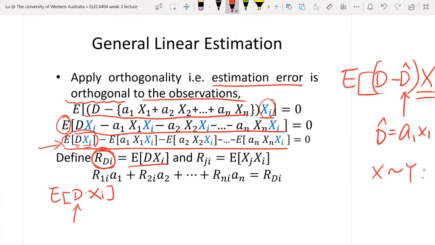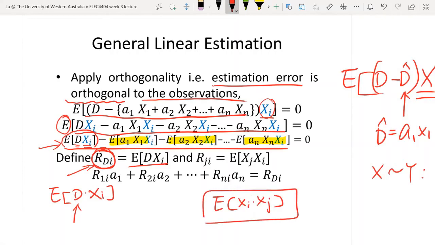So the expectation of the product of them is actually the correlation between them. And for the remaining terms, you can just take the constant A1 or A2 or AN out of the expectation, and then the remaining thing will be just the expectation of Xi times Xj. This is the correlation of Xi and Xj.